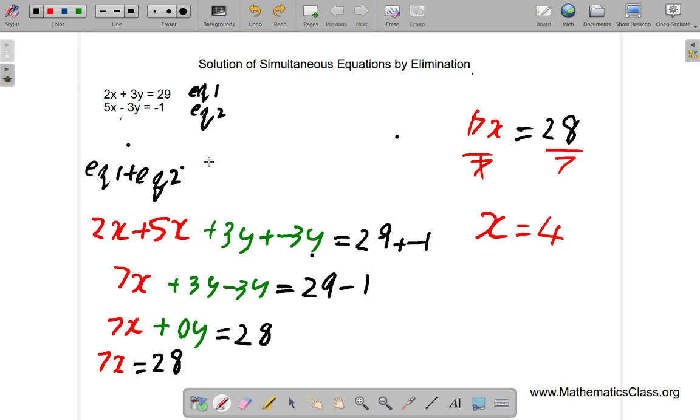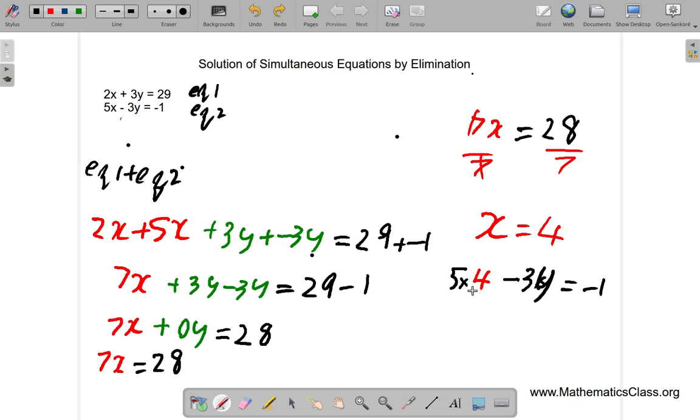What we do is take 4 and put it somewhere here. Let's put it in equation 2. You could have put it in equation 1. Let's put it in equation 2. Substitute x equal 4 in equation 2. Alright? So we have 5 times x, but instead of putting x, we put 4 because x is 4, minus 3 times y, which is 3y, equals negative 1.